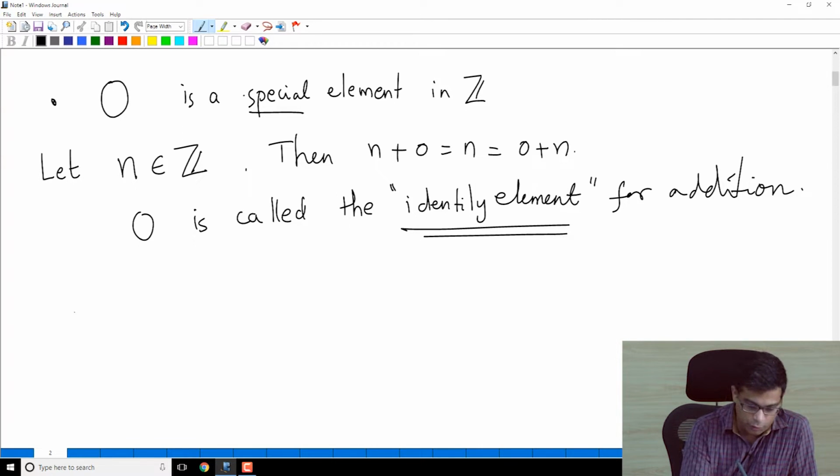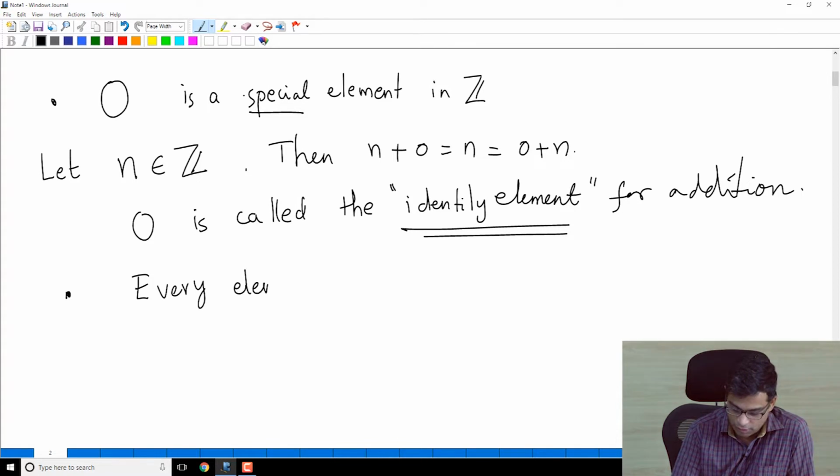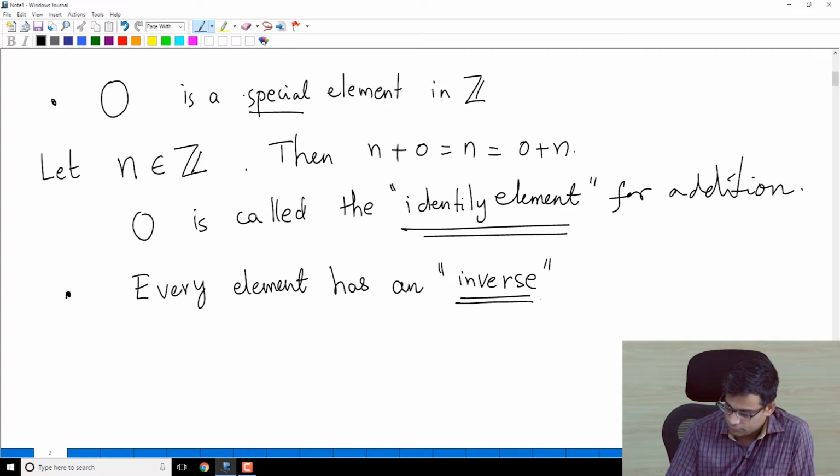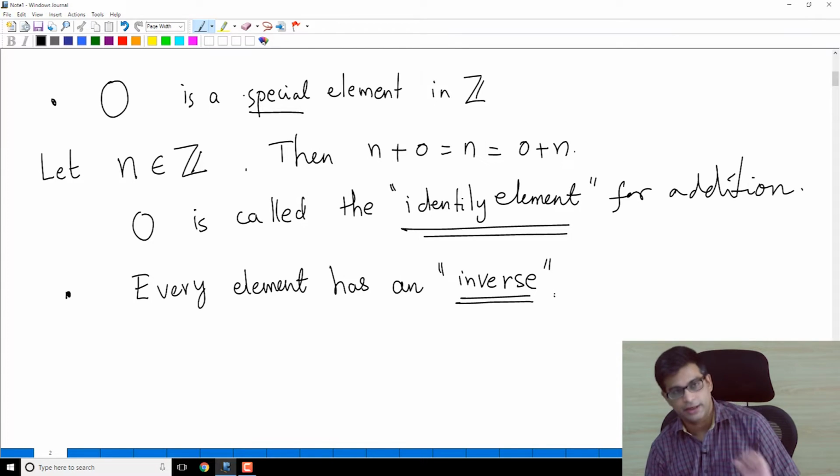The third important property that I want to identify is that every element, which in this case is an integer, has an inverse. What is an inverse? Inverse is an element that you can add to get the identity element.